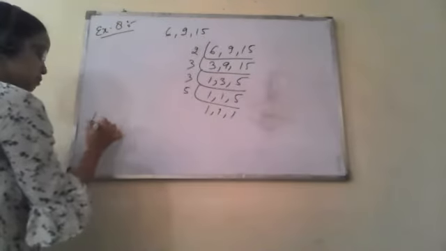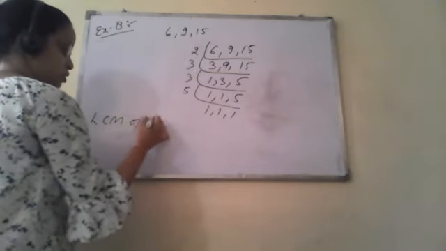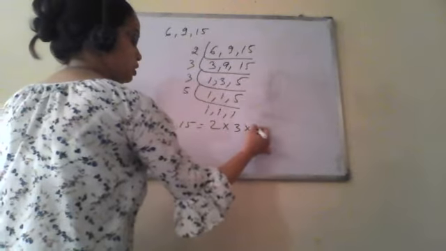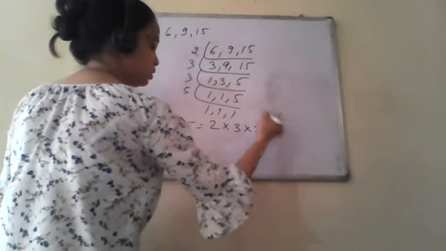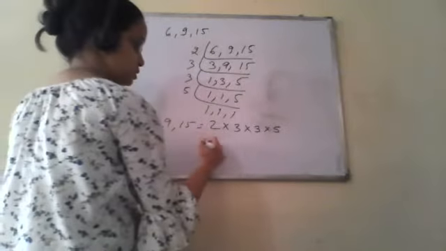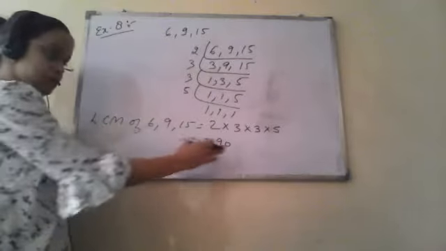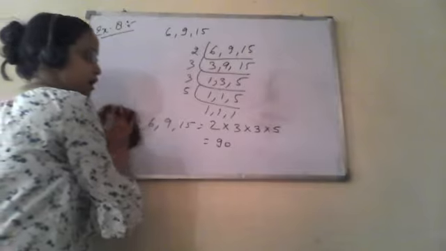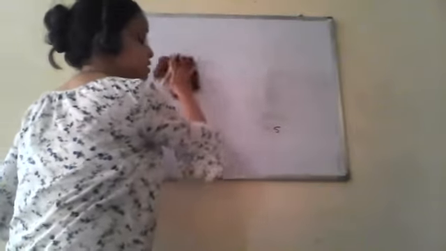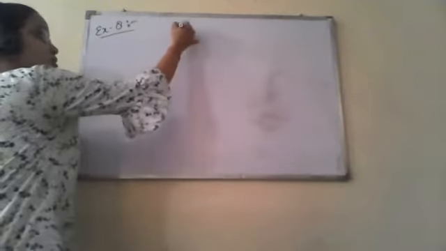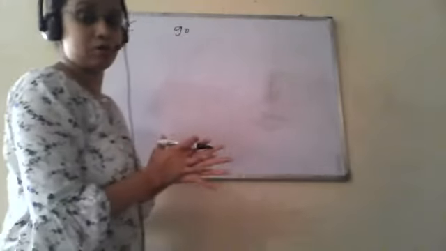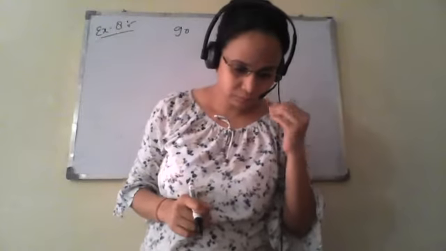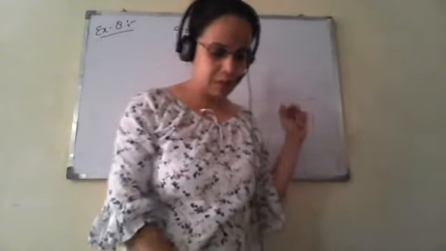So LCM of 6, 9, 15 will be equal to 2 into 3 into 3 into 5, okay, this is 90. 90 is the LCM of 6, 9 and 15, and we have to find the smallest number which should be multiplied by this number.